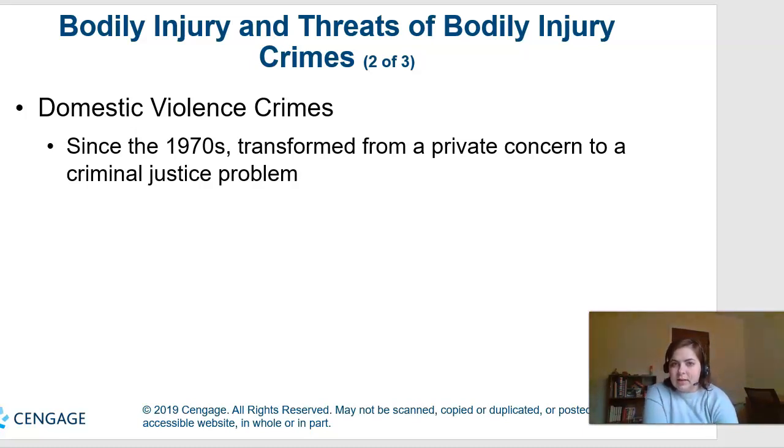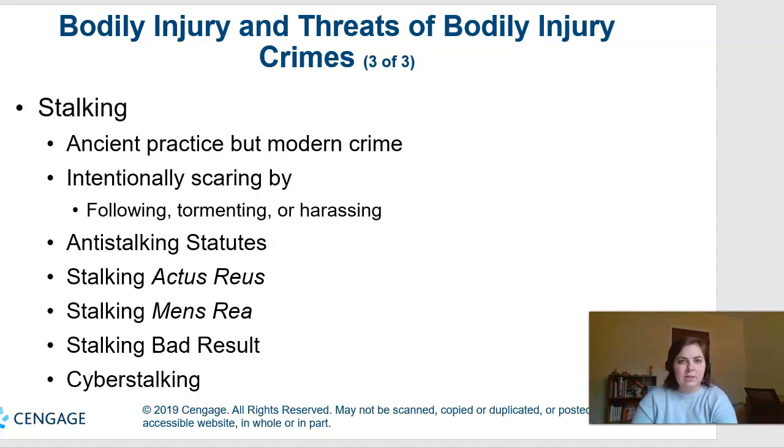Most states define first and second offenses as misdemeanors with really low jail time, and your book has a great example of it. Now, another crime against persons is stalking.